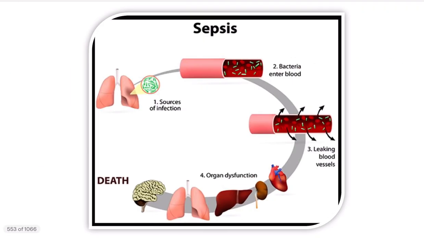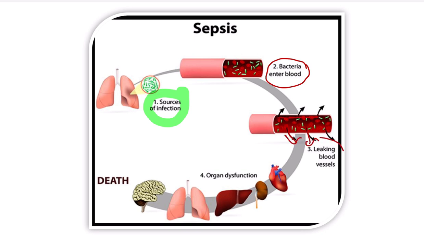Here is another figure showing the source of infection. Any source of infection, it may be the lungs, the urinary tract, the nose and paranasal sinuses, or another area such as a bone infection. The bacteria enter the blood, and when they do, they cause release of different chemical mediators, which act on the blood vessel and cause leaking of the blood vessel.